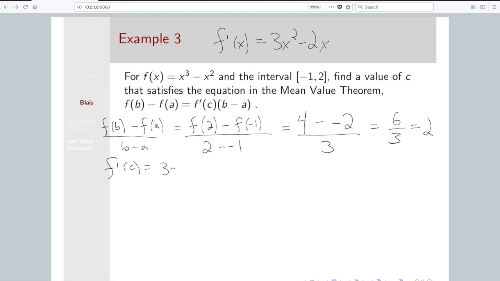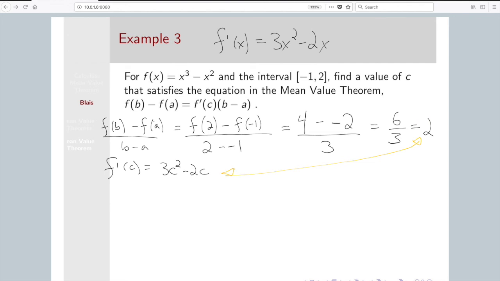So f prime of c is 3c squared minus 2c. So we're simply plugging c in here. And in order to satisfy the mean value theorem, f prime of c has to equal this average rate of change of f over the interval minus 1, 2.